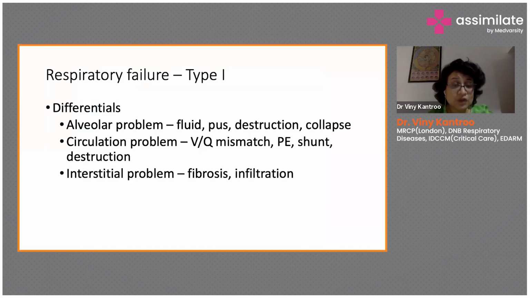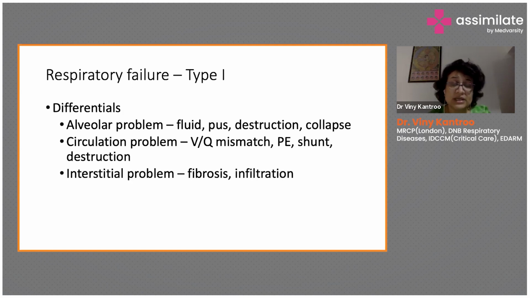It could be an alveolar problem, wherein we have seen the accumulation of fluid, pus, destruction of the membrane, which I showed you, the hyaline membrane formation, very common in children, or the collapse of the alveoli causing the whole problem. Now, it could be a circulation problem wherein the VQ mismatch is the main mechanism by which type 1 respiratory failure is happening.